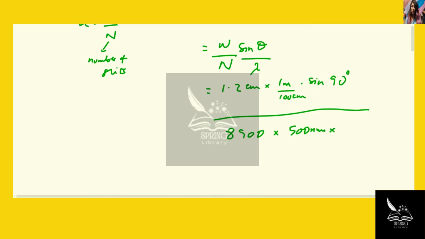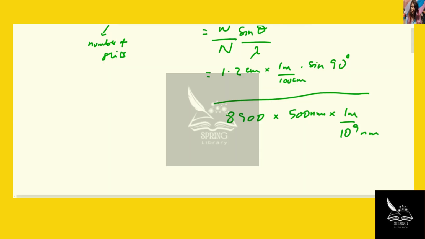Change that to meters, assuming 1 meter is 10 to the 9 nanometers. At this point, we are comfortable finding a solution to this problem. So m is going to be 2.69. So the order is always on the lower side. So m is equivalent to order 2.